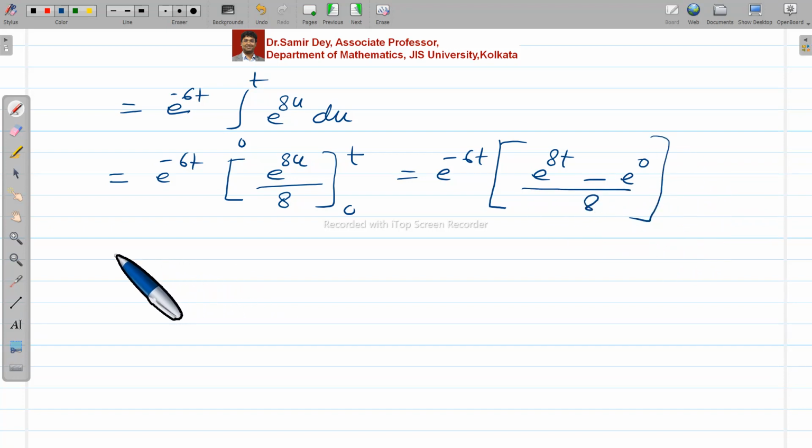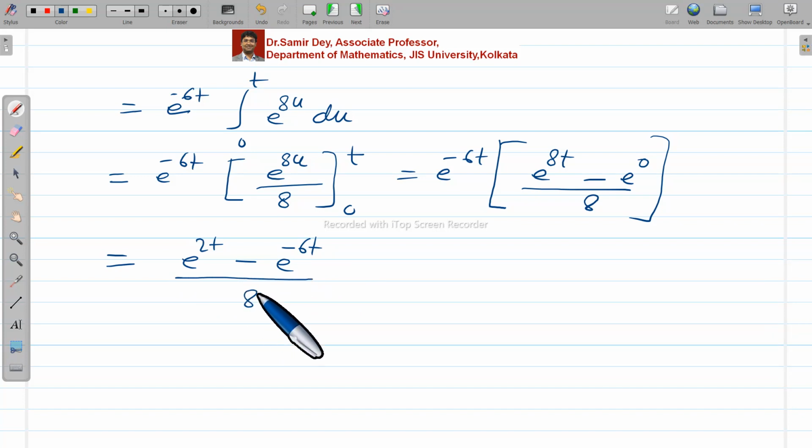So ultimately, if I multiply, it is coming e to the power 2t minus e to the power minus 6t, where e to the power 0 means 1, divided by 8. Is it clear? Because e to the power 0 is equal to 1.